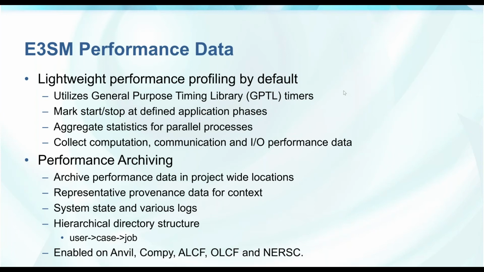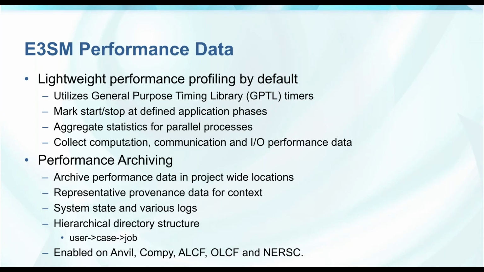Whenever you're running a program on, let's say, 1,000 MPI ranks, what you're trying to do is gather information from all those and within each application subsection and summarize that. That ability is there for every E3SM experiment.